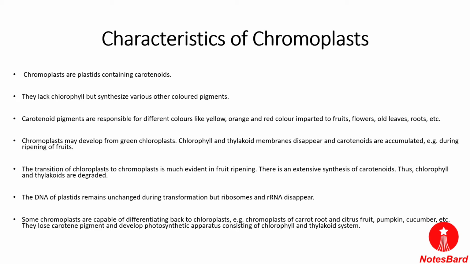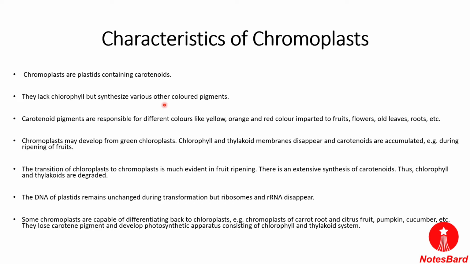Carotenoid pigments are responsible for different colors. Why do they contain carotenoids? Because they are responsible for different colors like yellow, orange, and red that are imparted to fruits, flowers, old leaves, and the roots, etc.